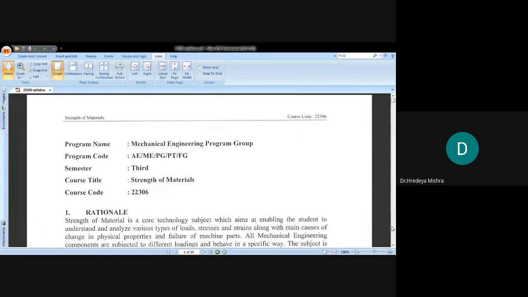So this is a very, very important and core subject for mechanical engineering, because what does a mechanical engineer do? A mechanical engineer is known for designing components. Whatever hardware you see in society or in your day-to-day life, like a car, bicycle, motorbike, refrigerator, fan, mixer, home appliances, the upper body is under mechanical.